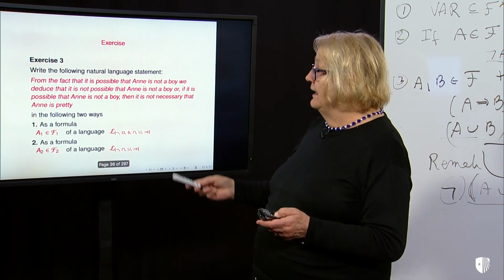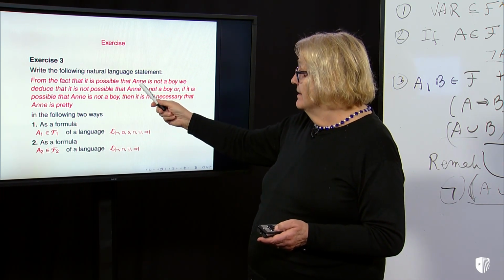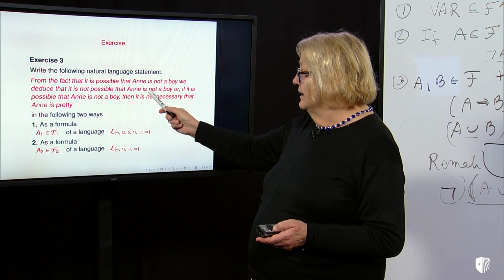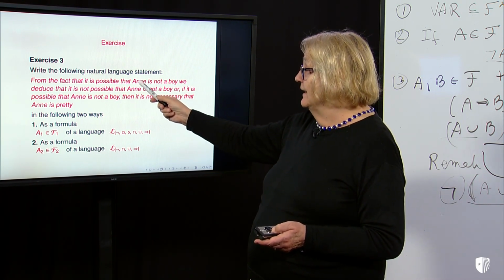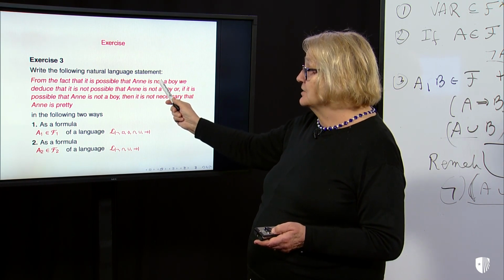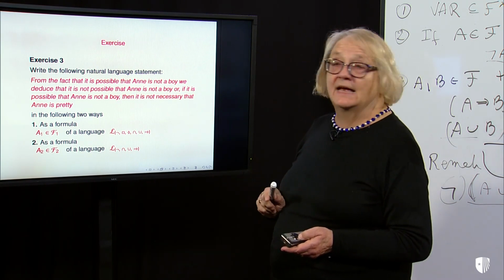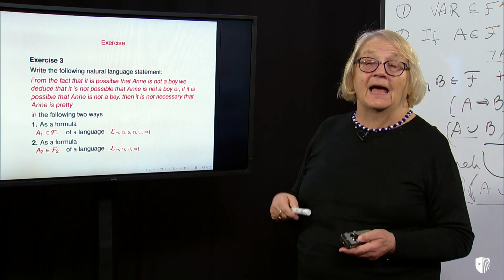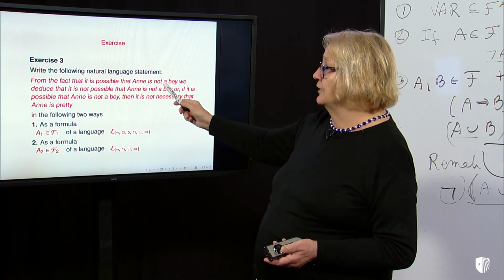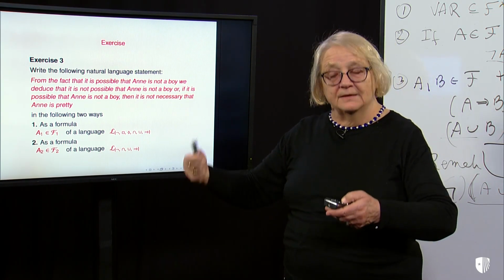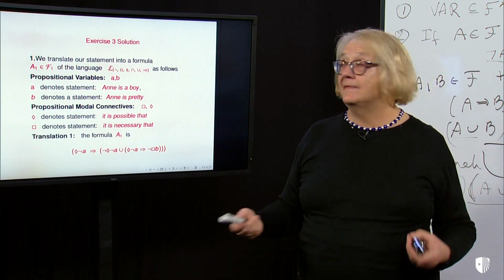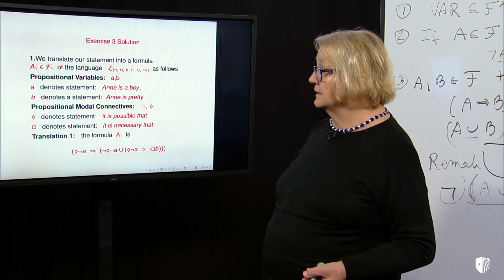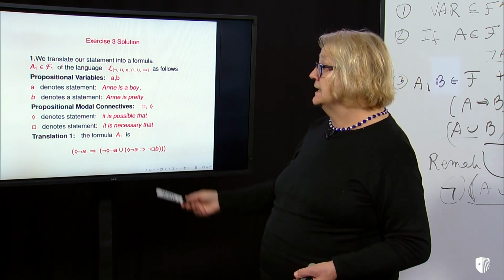So when you look at this, "Ann is not a boy" contains not, so you cannot have this as a basic sentence. What does it mean, Ann is not a boy? It's not, Ann is a boy. So you take "Ann is a boy" as your basic sentence, because it does not contain any connectives. And B denotes this.